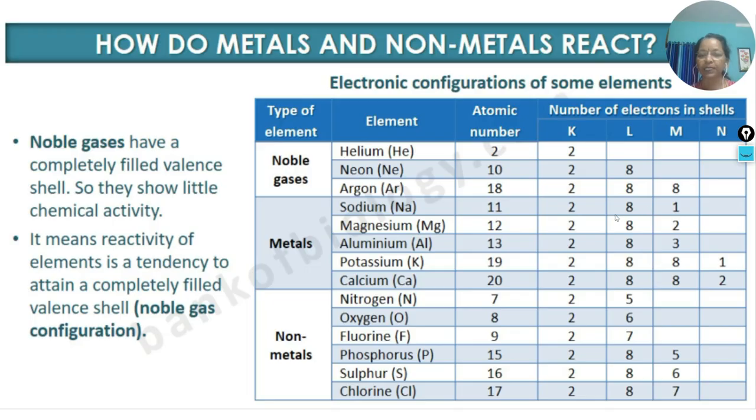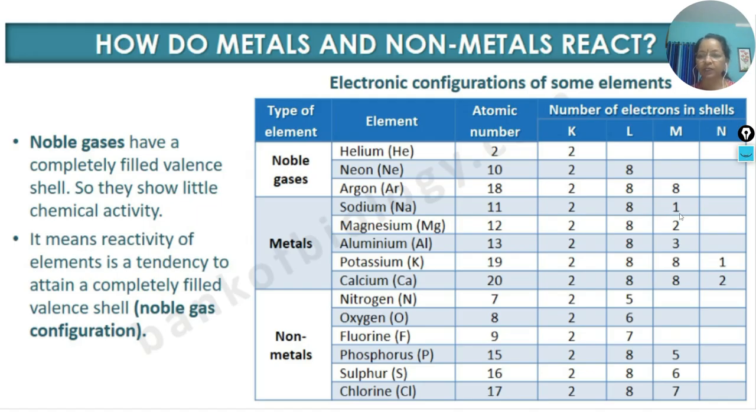When these metals react, they give out the last shell electrons. Why do they do that? Because they have a tendency to reach the noble gas configuration. For example, in the case of sodium, the electronic configuration is 2, 8, 1.